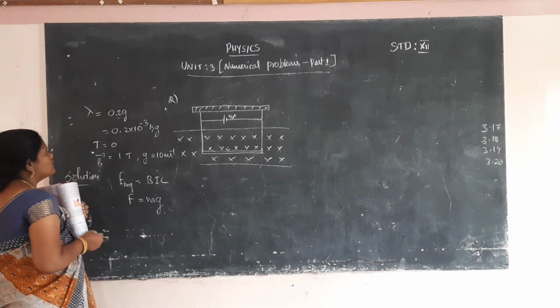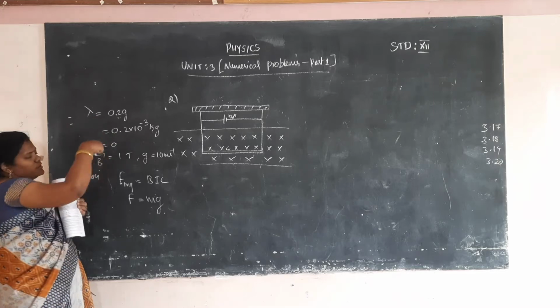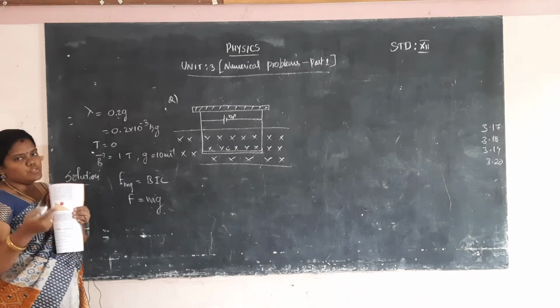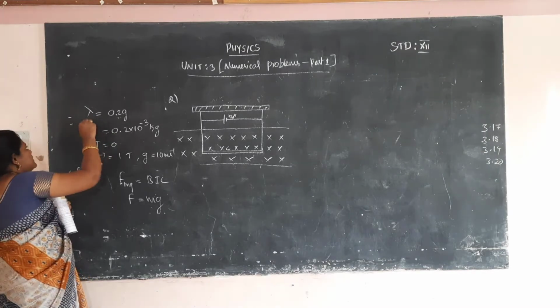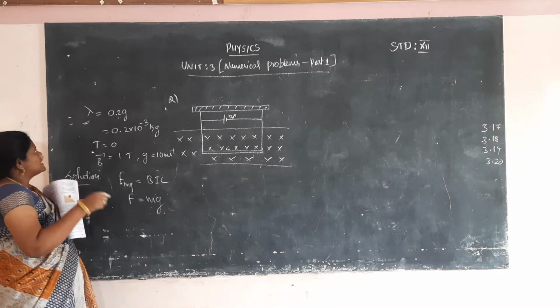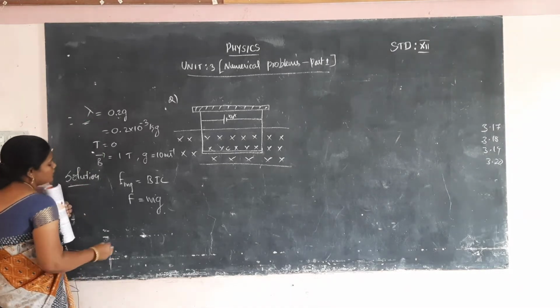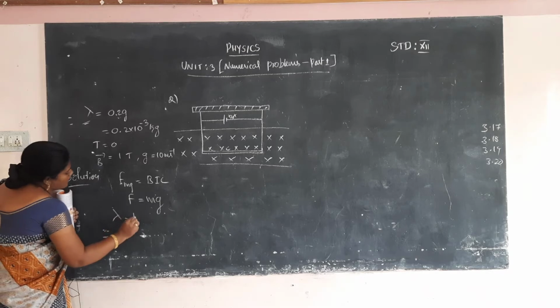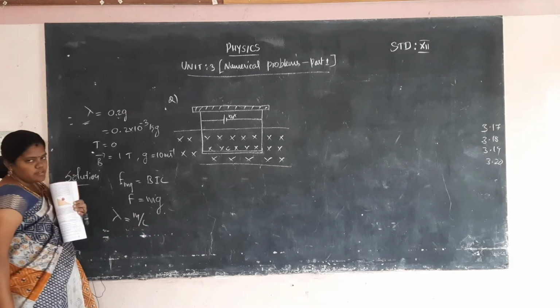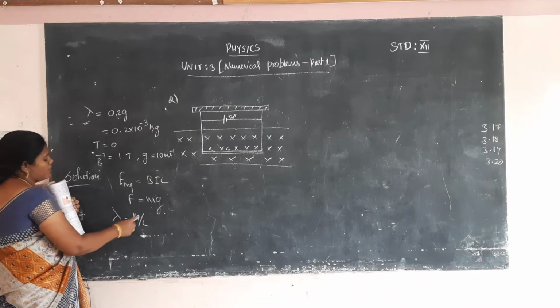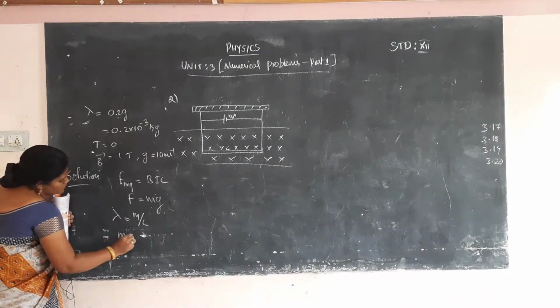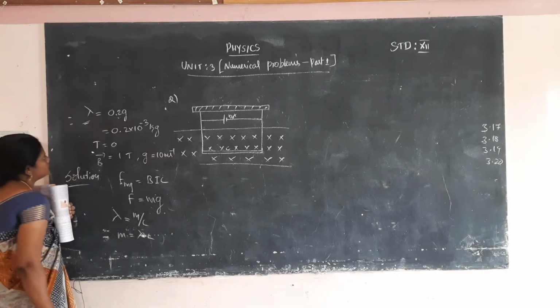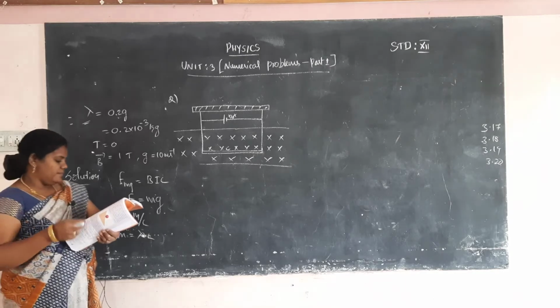The m value is not given in the problem, so we have to calculate it from the linear mass density. Linear mass density lambda is equal to mass per unit length. We want the mass, so mass is equal to lambda into length.